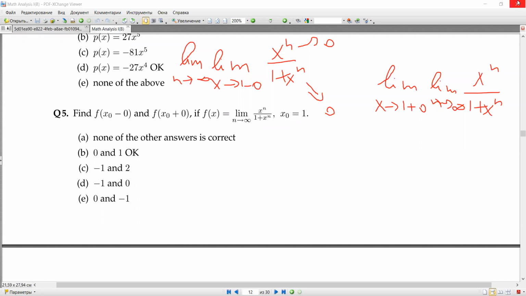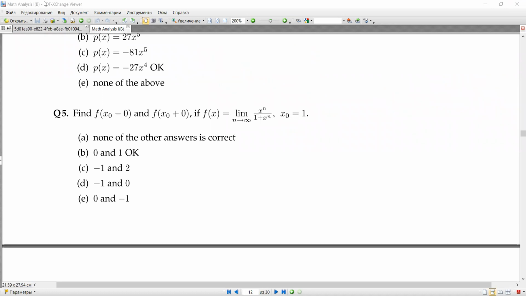So it will be just 1 over x to the n. And also here we have the same powers, yes? Same powers in numerator and in denominator. Since they have the same powers, we can say it tends to 1 in this case.